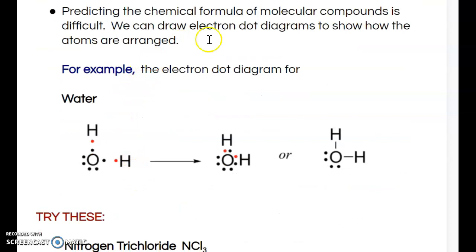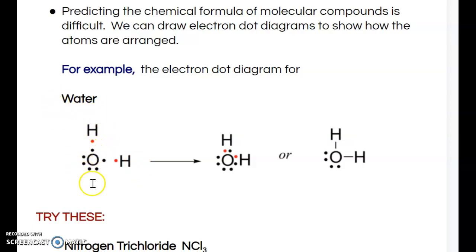So back to predicting chemical formula. Sorry about that. It is difficult. We can draw the electron dot diagrams to show how atoms are arranged. For example, the electron dot diagram for water. You have H2O, so you know that there's two hydrogen for one oxygen.